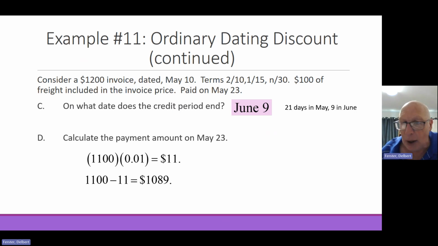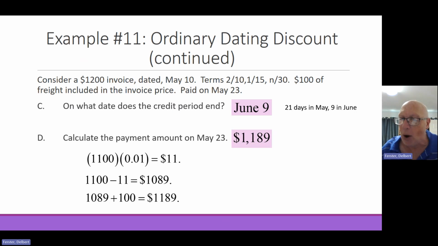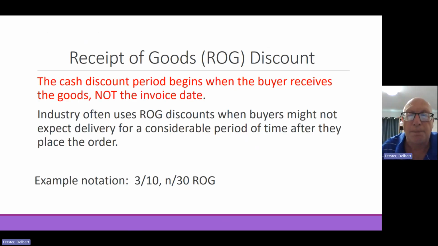We'll add back in the 100 for freight, and we'll make our invoice check for $1,189 as payment for that invoice. We got the 1% discount, but we weren't able to get the 2%. We didn't get it there quite fast enough. We're losing power on the laptop. Hold tight. There we go. All right, moving on.